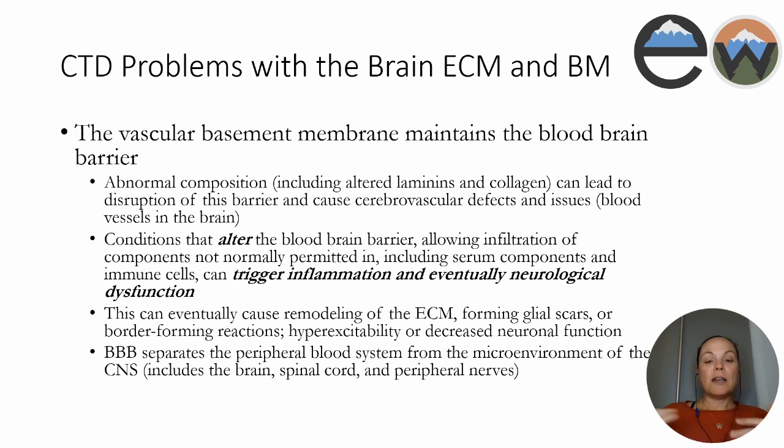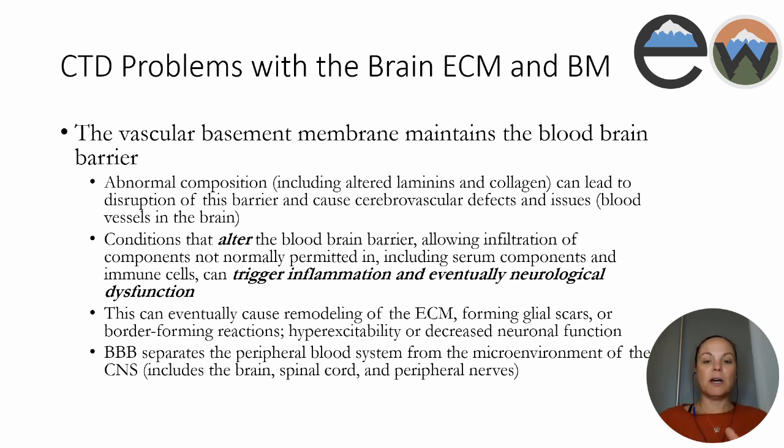So that chronic inflammation and neurological dysfunction can actually cause remodeling of the extracellular matrix within the neurological system. So it causes this chronic self-perpetuating cycle of inflammatory responses that can make something called glial scars. And I air quote that because it's not really a scar, and we'll talk more about that in detail. They consider them border-forming reactions that are happening as a protective mechanism.